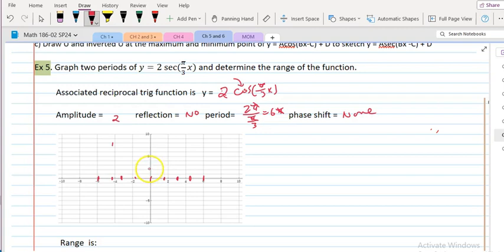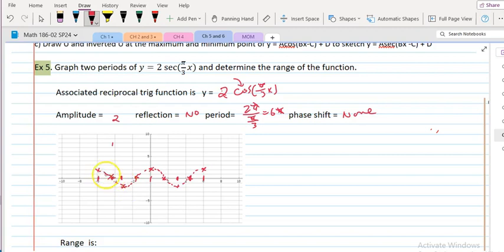So let's do it again, and it's 2 and negative 2, right? 2, there's no reflection, so 2, this, this. And then this would go up 2. Okay, so let's dot it accurately.